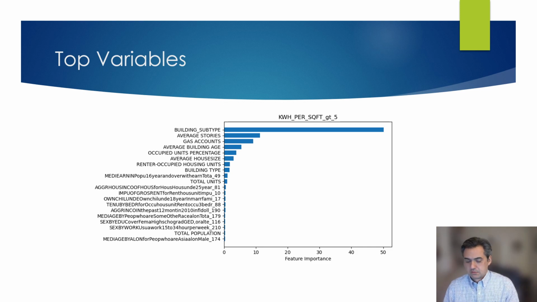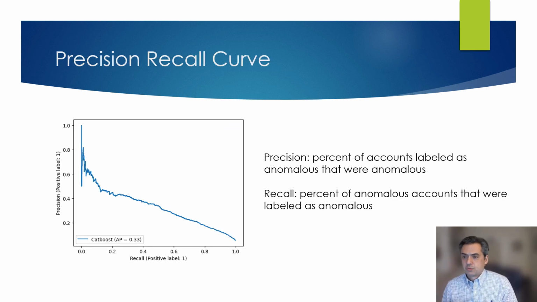So this is a precision recall curve. A model has various sensitivities. You can be more or less sensitive, and what that means is it chooses to label more or less of the accounts as anomalous. For different levels of sensitivity, the model has different levels of precision and different levels of recall.